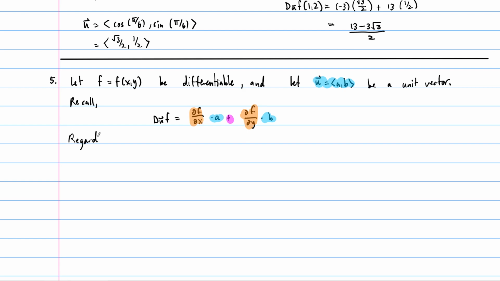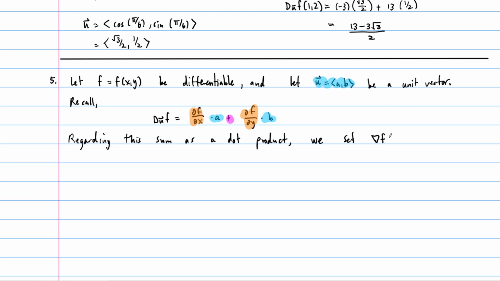And look what happens. Regarding this sum as a dot product, what we end up with is some vector dotted with u, right? And that vector is built out of the partial derivatives of our original function. Then we call this the gradient of f.